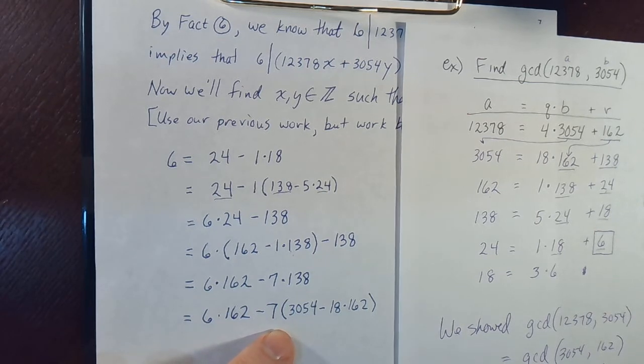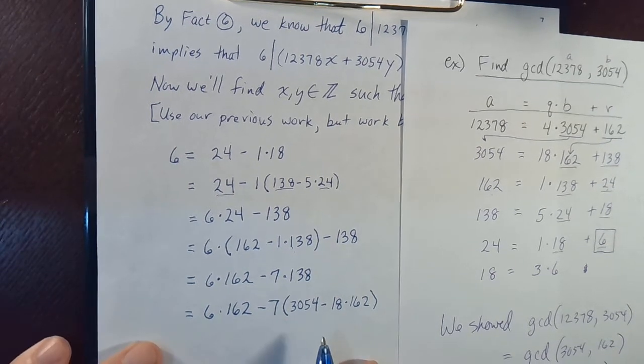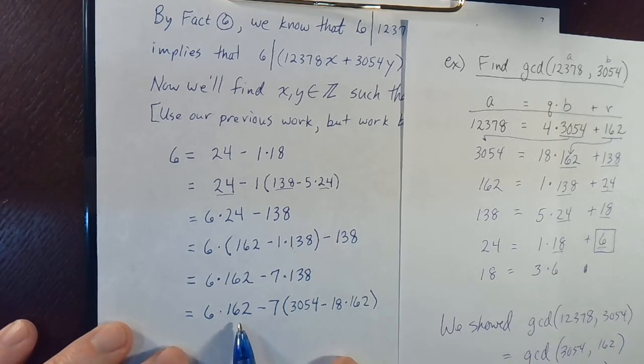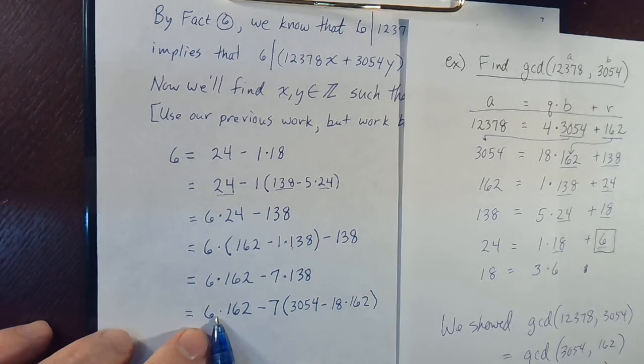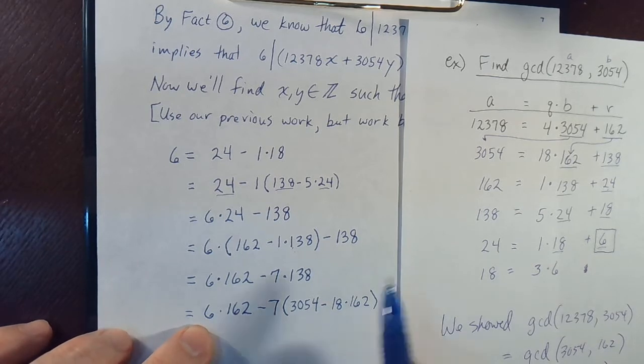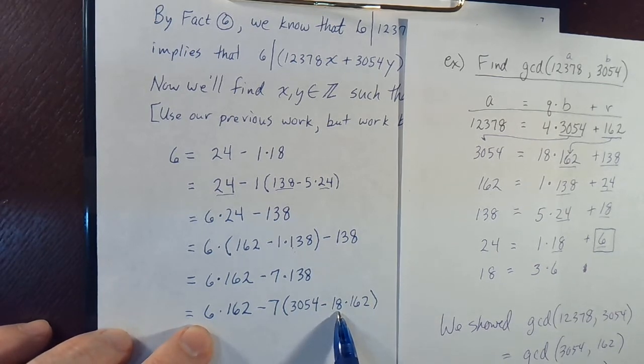Okay, so now I've got to get the 3054s and the 162s gathered together. So I'm going to count up how many 162s I have. I've got 6 of them here, 6 times 162. And over here, it looks like I have negative 18, but that negative 18 is multiplied by negative 7 as I distribute it through.